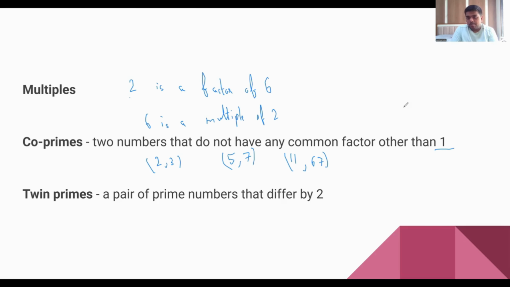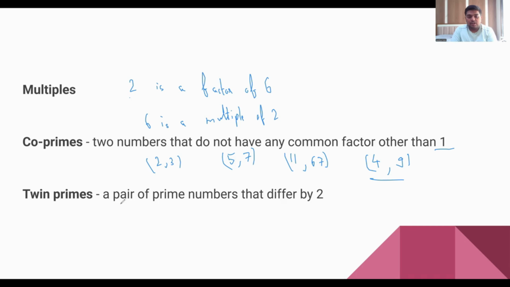But a pair of composite numbers can also be co-primes. For example, 4, 9. So these two are co-primes. The numbers individually are not primes, but relative to each other, they are co-prime numbers. So this is about co-primes.